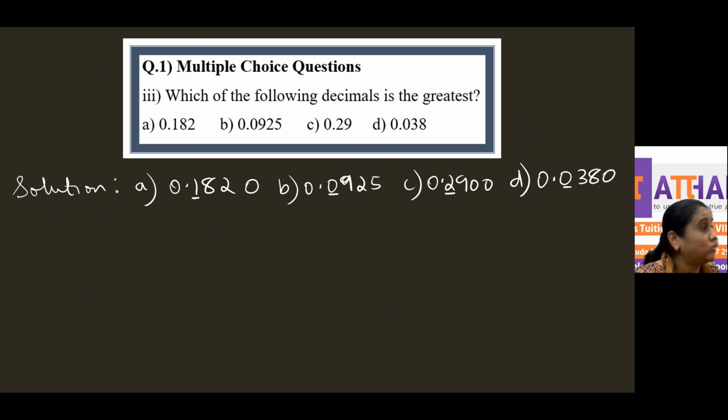No, never do that. You might go wrong. First, make them like decimals and then compare. Compare the first digits. Underline that. Okay, so you're comparing 1, 0, 2, 0. So 2 is the greatest. Yeah, so C, 0.29 is the correct option. Very good.